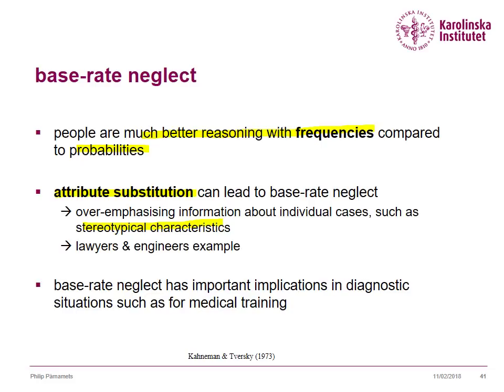So base rate neglect is a very important kind of flaw in our reasoning, and has important implications in diagnostic situations. Gerd Gigerenzer, who has developed a lot of the research on base rate neglect, has found that doctors, a lot of this work is done in Germany, have problems thinking about the correct false positive and false negative rates for diagnostic screening, such as mammographies or HIV tests.